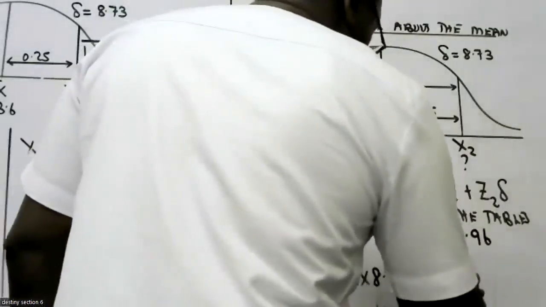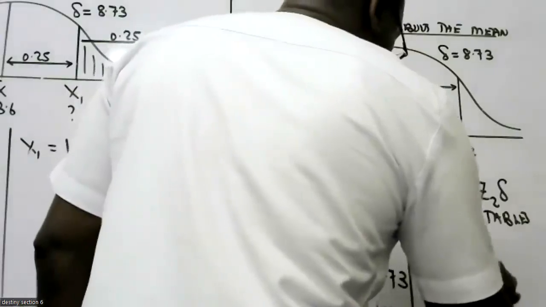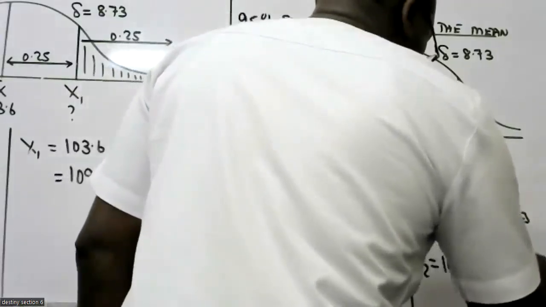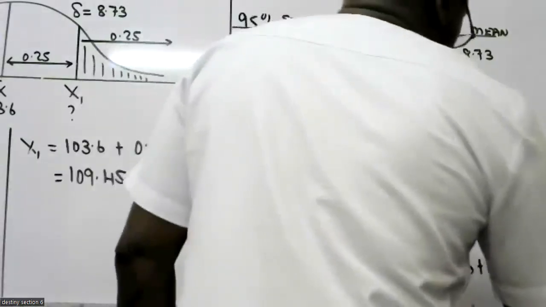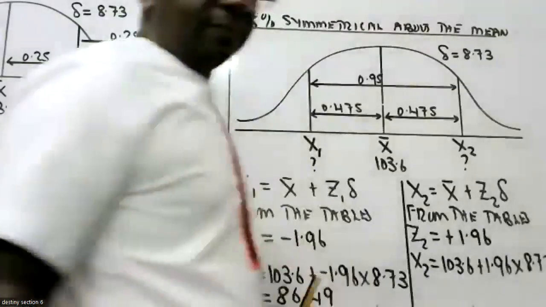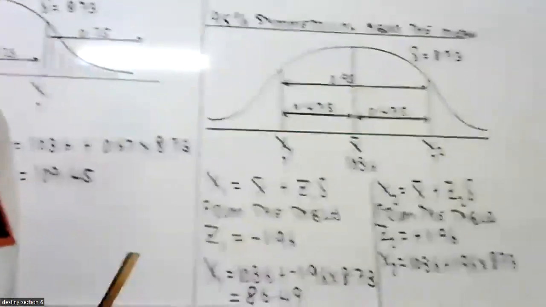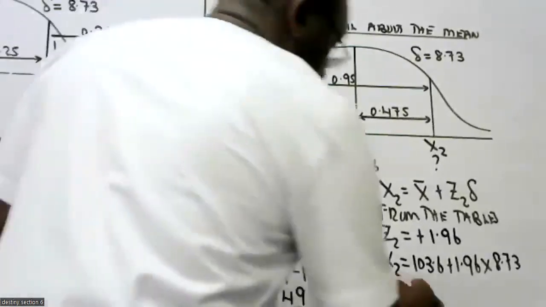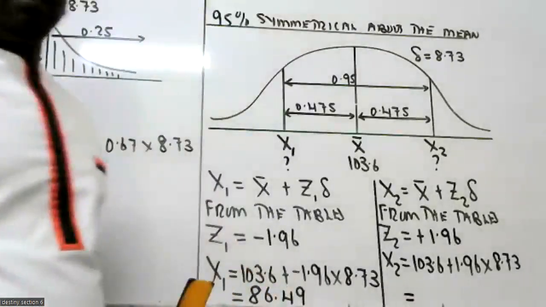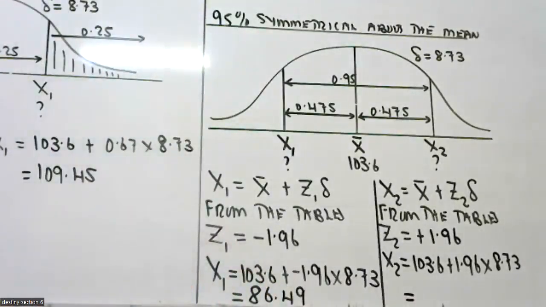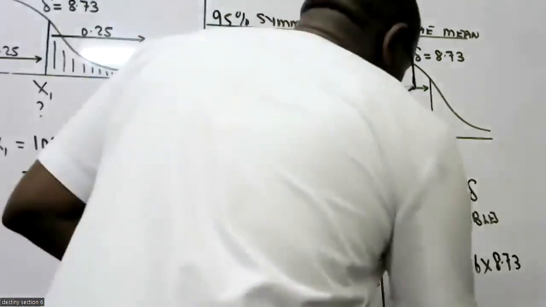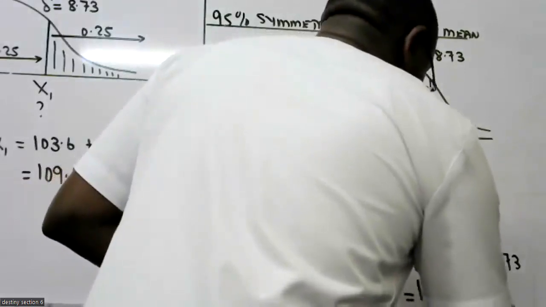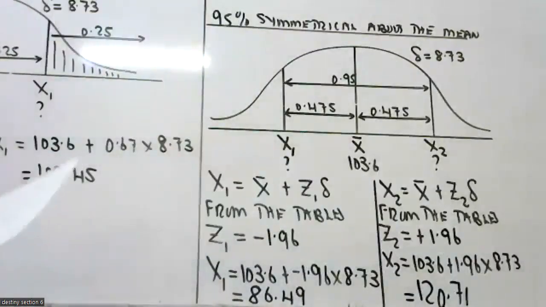So X2 will then be 103.6 plus 1.96 times 8.73, which is 120.71.